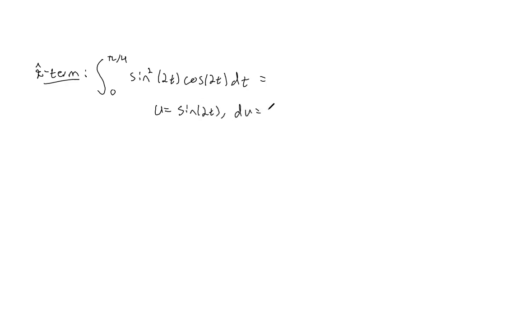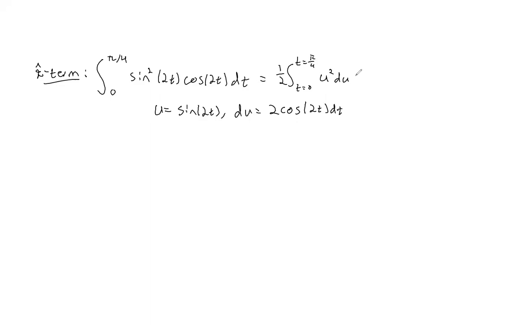du is 2 cosine of 2t dt, which means this whole thing is going to become 1/2 integral from t equals 0 to t equals pi over 4 of u squared du.